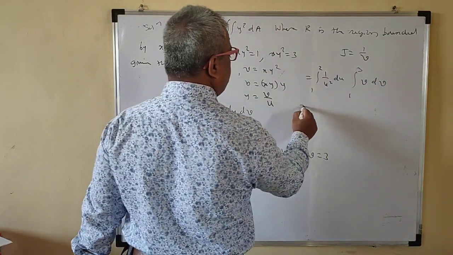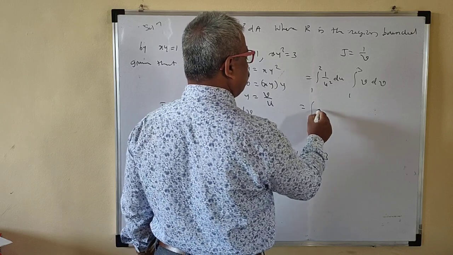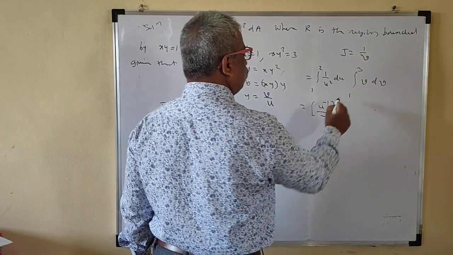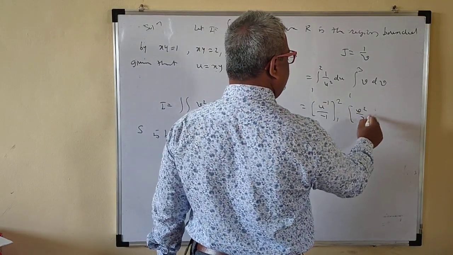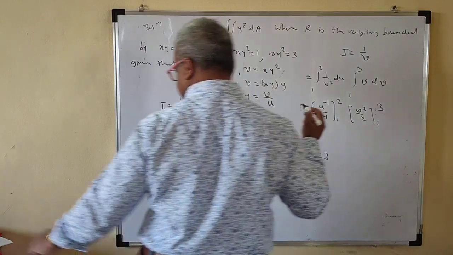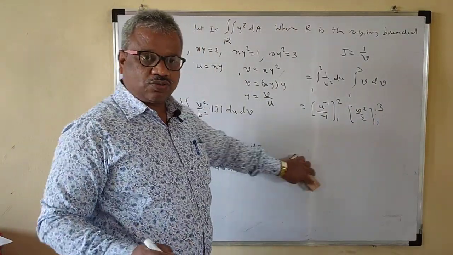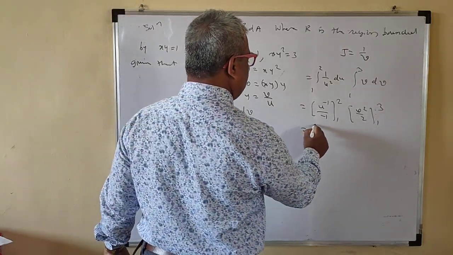1 upon u squared means u raised to minus 2, and for integrating we add 1, so this is u raised to minus 1 upon minus 1, from 1 to 2. And this is v squared upon 2, from 1 to 3. Now I will simplify.